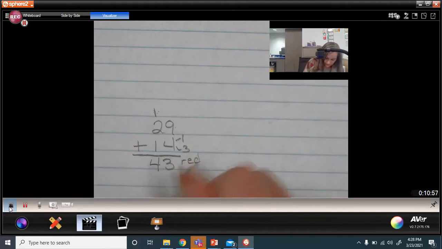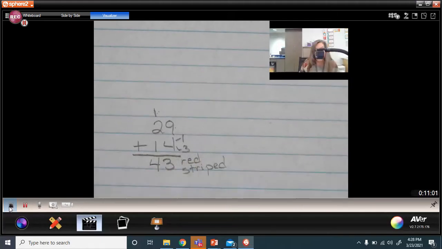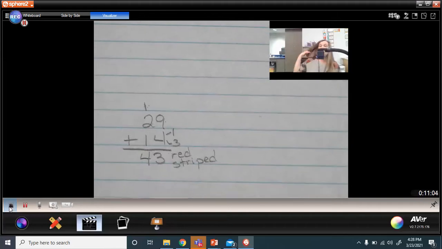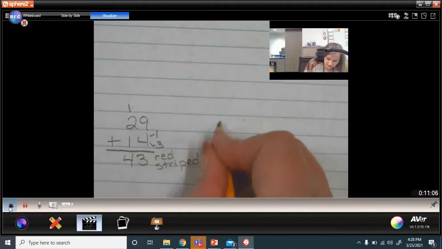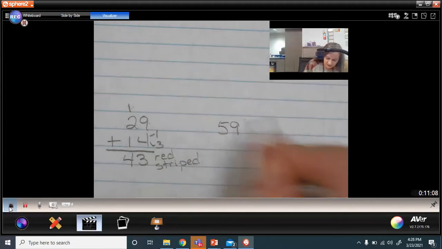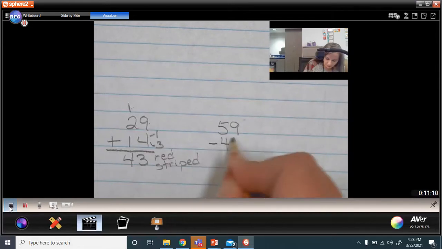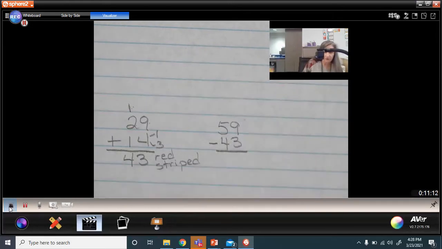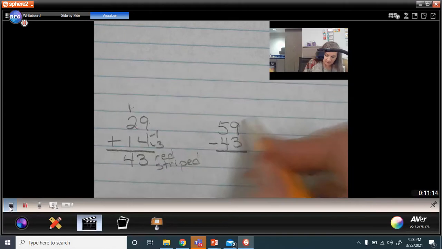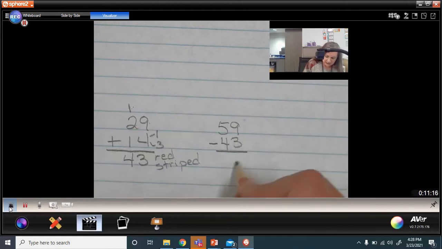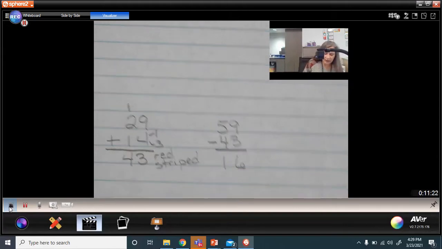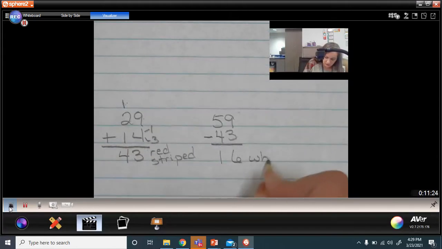Red and striped. Again, we don't know how many are white, but we can figure that out by subtracting the 43 from the 59. So again, 9 minus 3 is 6, 50 minus 40 is 10, and that's going to leave us with how many of the scarves are white.